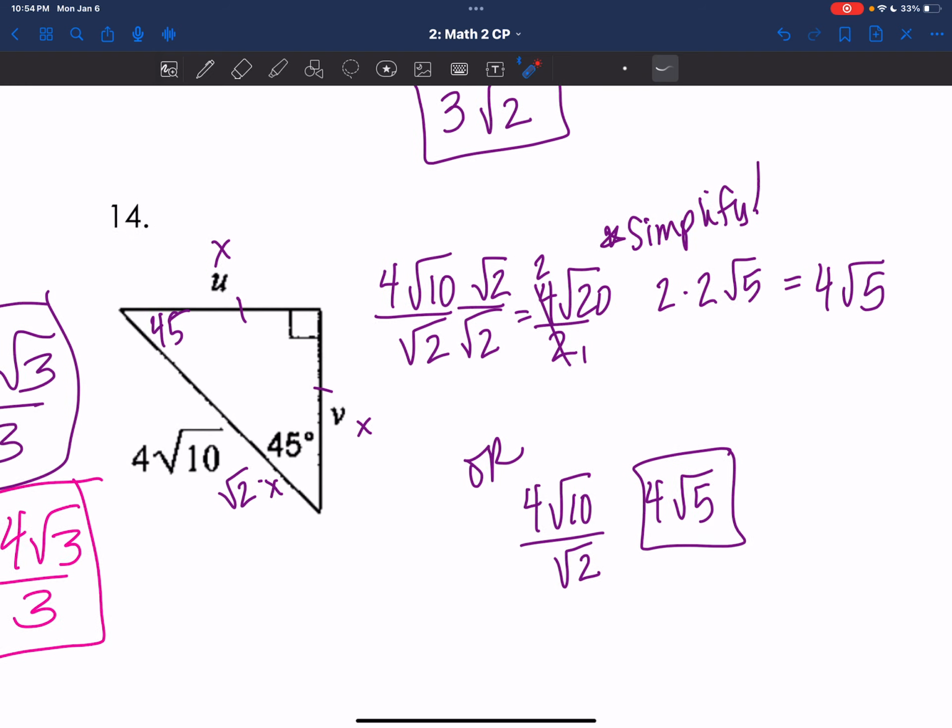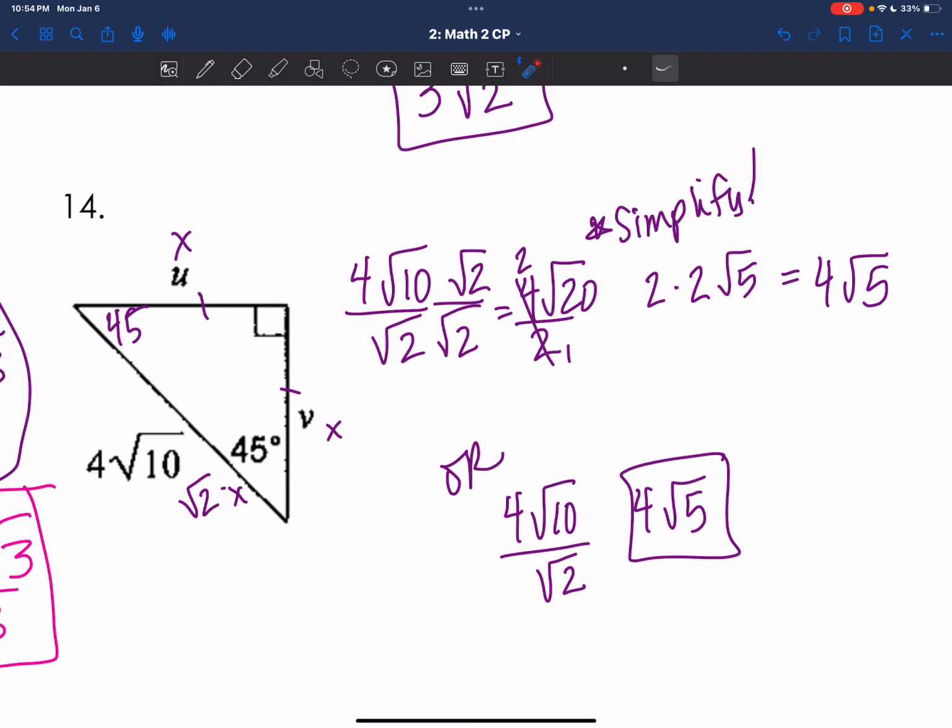All right, 14, you have to simplify your radical, and that's really the only tricky part in this one. You're going to take this and divide it. So hypotenuse divided by root 2 is going to give you one of the legs. So rationalize. Now there's a couple different ways to do it. You can go 10 times 2 to give you root 20.